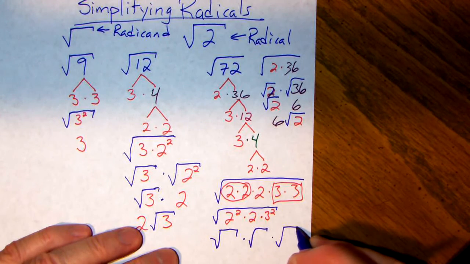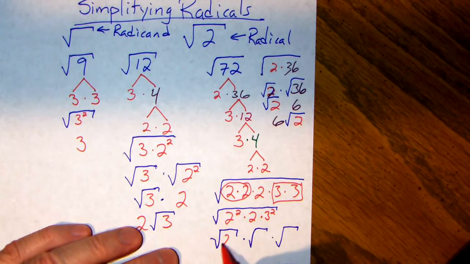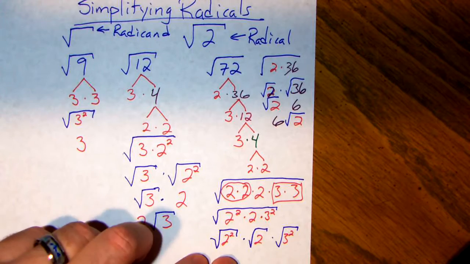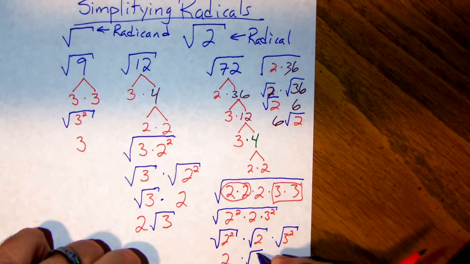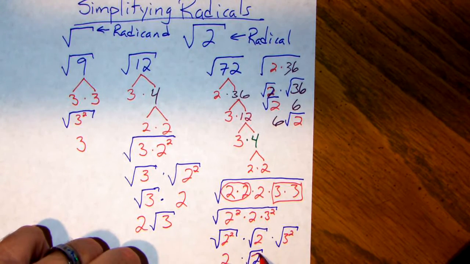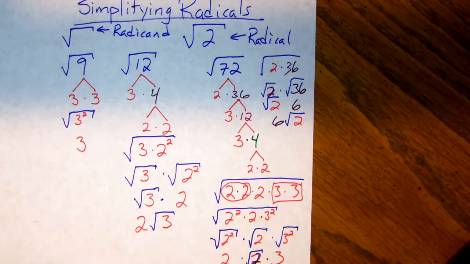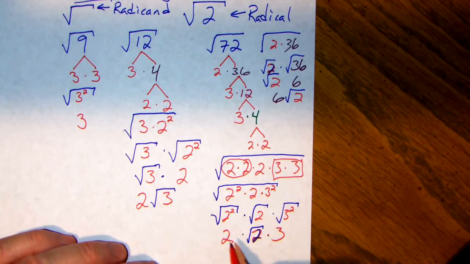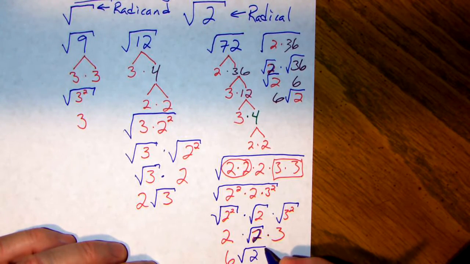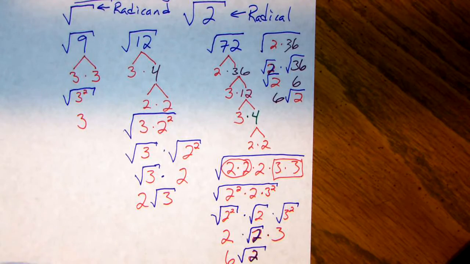We can write 3 radicals and put each of our things inside its own radical. Square root of 2 squared is 2. Square root of 2 can't be simplified because there's nothing squared underneath there. And the square root of 3 squared is 3. So now we move the numbers that are outside the radical together. 3 times 2 is 6, square root of 2. And so that's a way to separate and do 72.